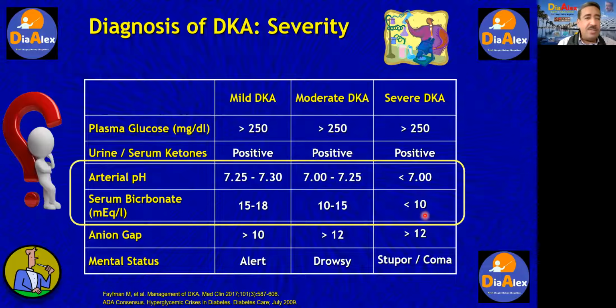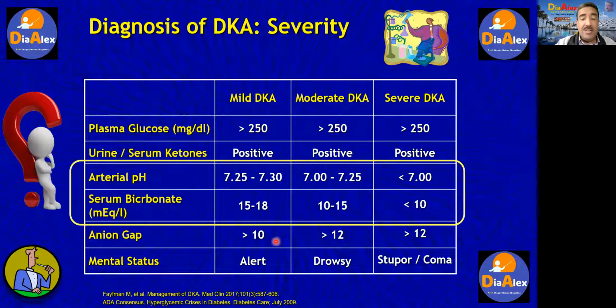So the severity of DKA depends on the degree of acidosis rather than the degree of hyperglycemia or how much of ketones do we have. So simply, if the bicarb is in the range from 15 to 18, this is mild DKA. If the bicarb is in the range of 10 to 15, this is moderate. If the bicarb is less than 10, this is severe DKA.